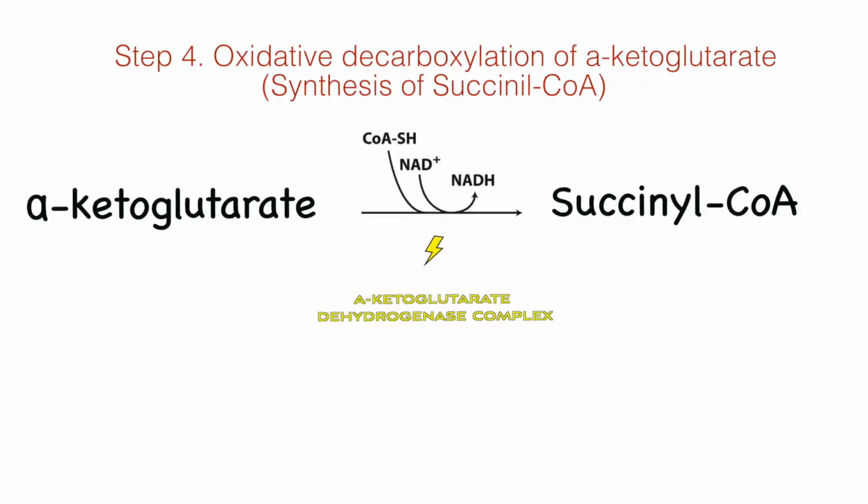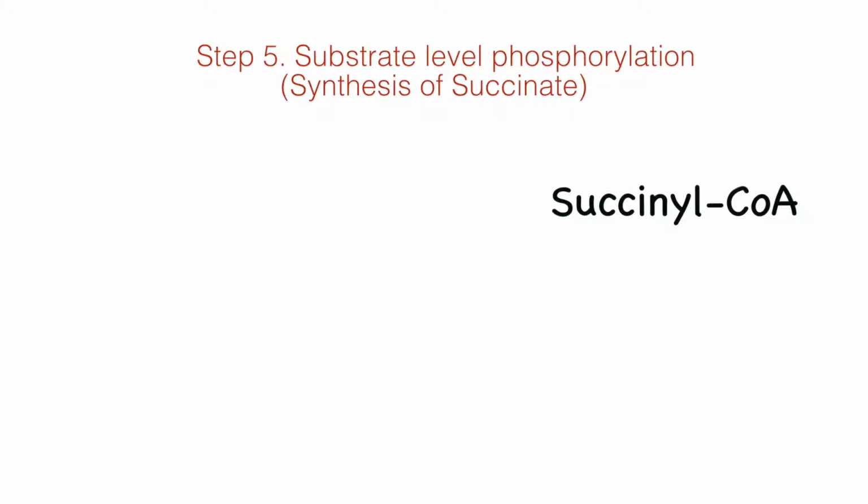Electrons are lost, then gained, and through the decarboxylation, another carbon molecule is released in the form of a carbon dioxide molecule. Succinyl-CoA is a 4-carbon compound after the release of CO2 and has a high-energy thioester bond, which we will need for the next reaction.